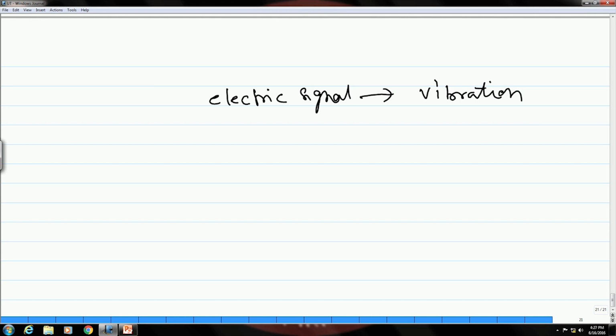On the other hand, if you have mechanical strain, that can also be converted to an electrical signal. Okay. So, let us say an electric field F is supplied.